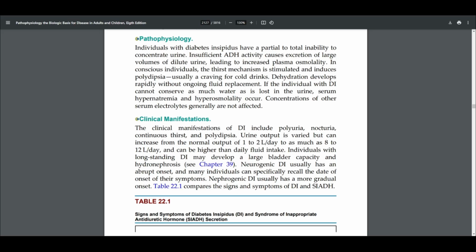In conscious individuals, the thirst mechanism is stimulated and induces polydipsia, usually a craving for cold drinks. Dehydration develops rapidly without ongoing fluid replacement. If the individual with DI cannot conserve as much water as is lost in the urine, serum hypernatremia and hyperosmolality occur. Concentrations of other serum electrolytes generally are not affected.